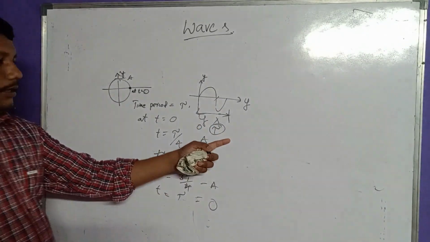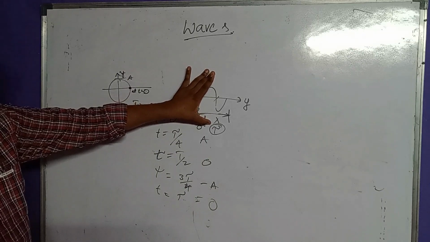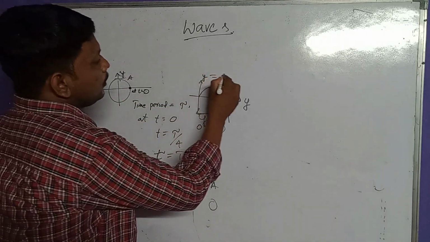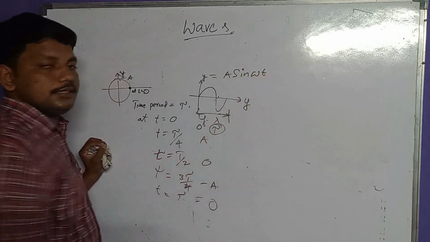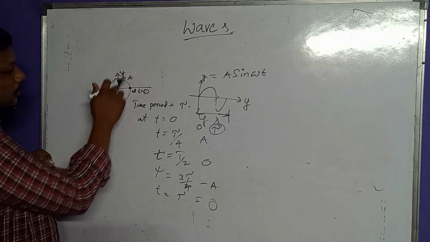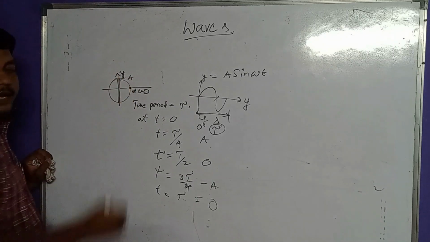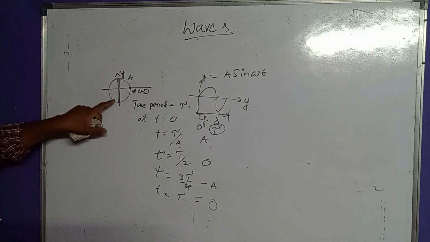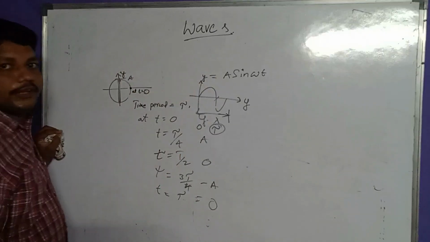This is the time period. Is this wave a traveling wave? y is equal to a sin omega t. Is this a traveling wave? No. The projection of the particle is oscillating on the y-axis, right? But this particle is not moving.